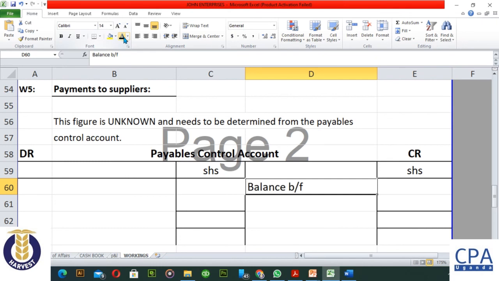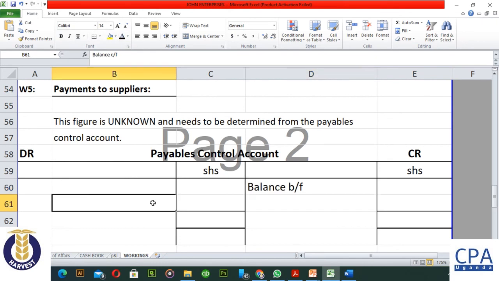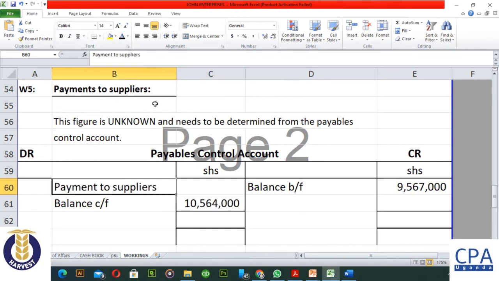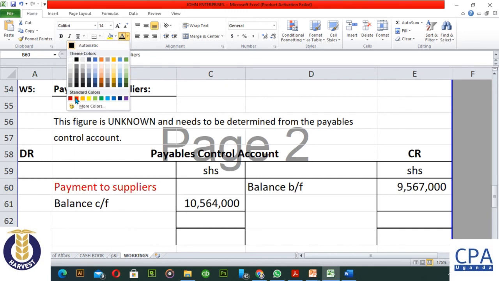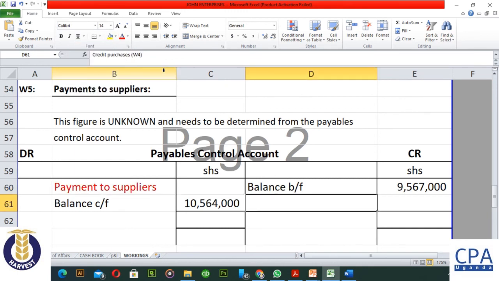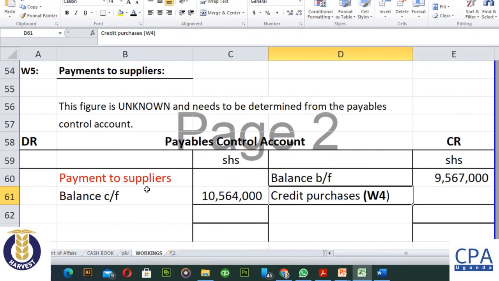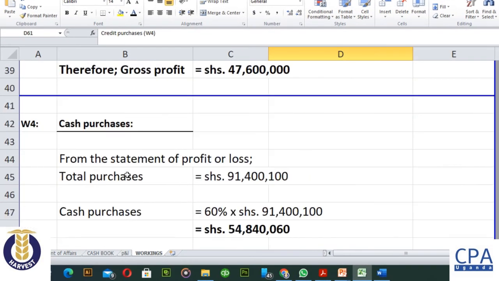So the balance brought forward, of course, is 9.5 million. The balance carried forward is 10.5 million. The payment that I'm looking for as the unknown is on the debit, and then of course we have our credit purchases as per working number 4, just above here.